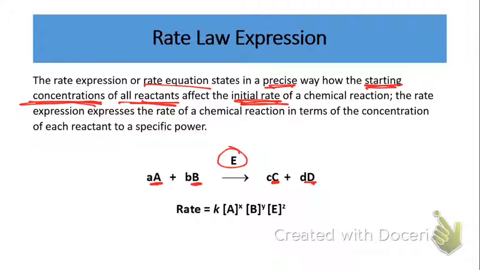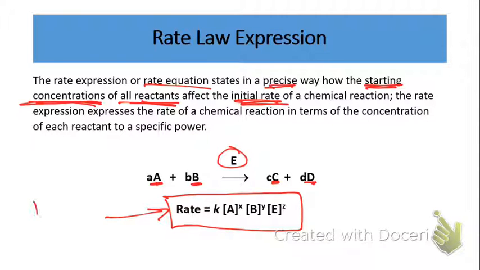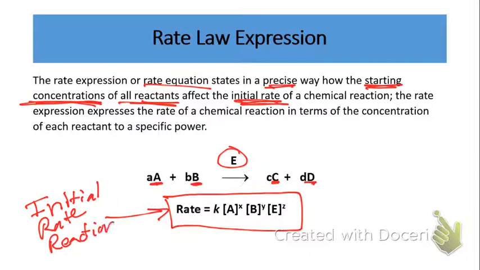All right? So the rate expression for this reaction is represented by the following equation. The rate, and this rate is the initial rate of the reaction, is equal to k.